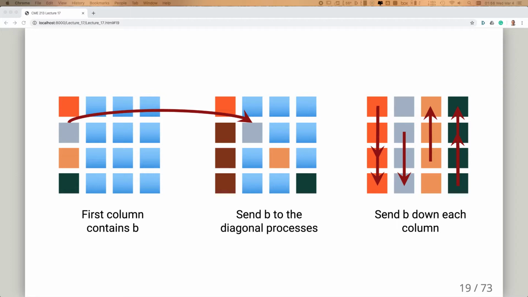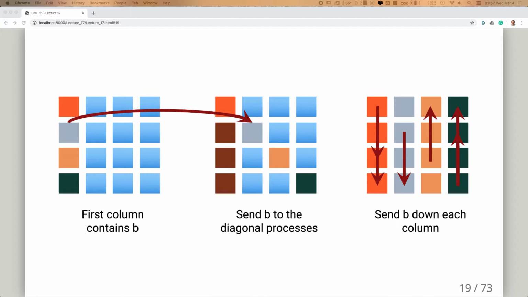So we start with all processes in this column having B. You always have to make these decisions about where the data is. In homework 5, it's even more dramatic. We're going to assume that the matrix is stored on node 0, so node 0 has the entire matrix, and the first step will be sending blocks from node 0 to some of the other processes. So we'll look at that.